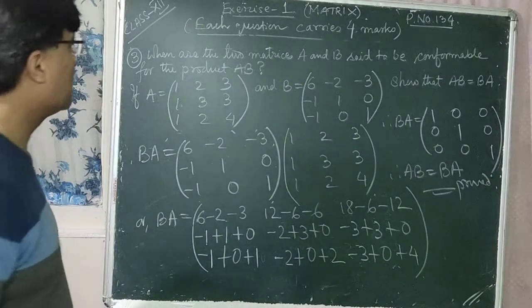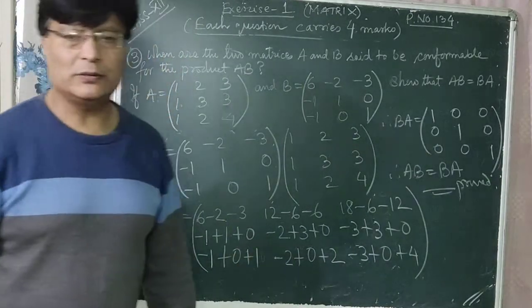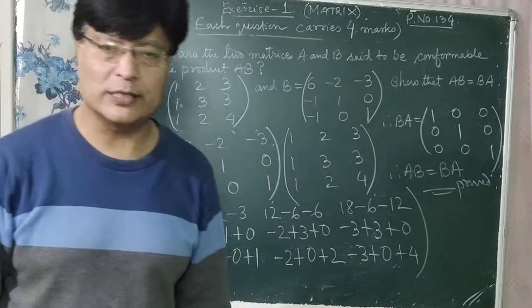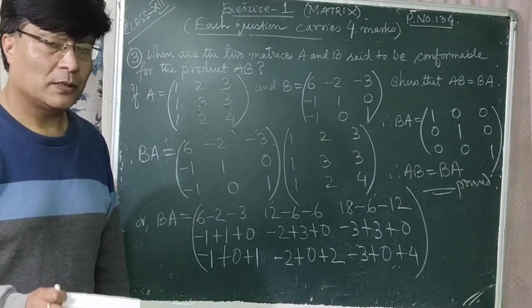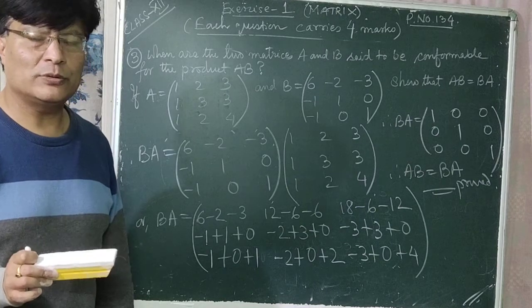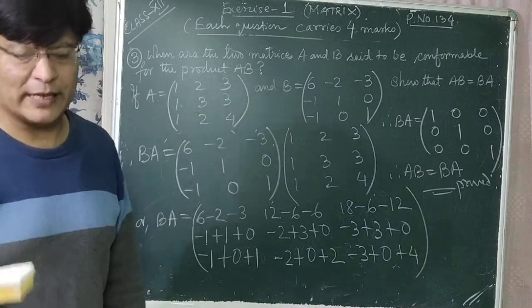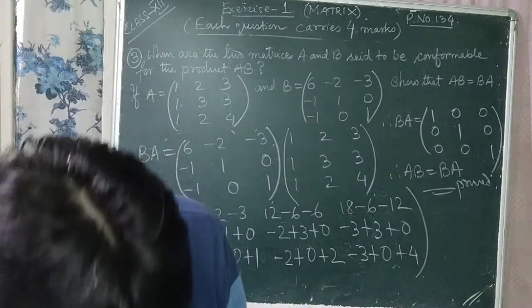Now there was a third part question. Is it in general true for matrix multiplication that AB is equal to BA? That was the question, no?